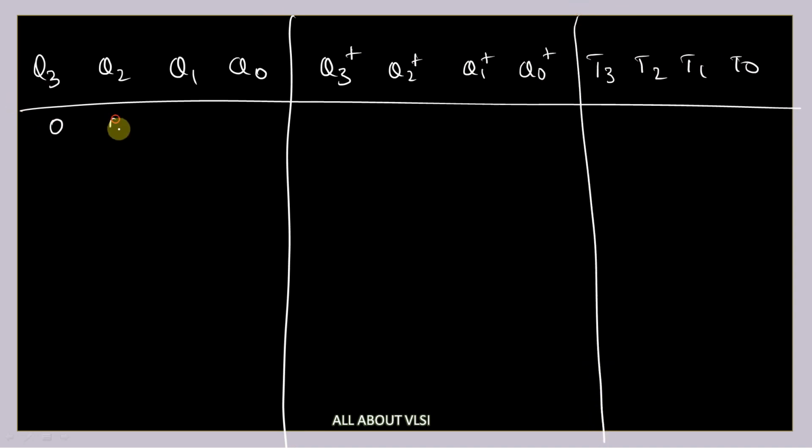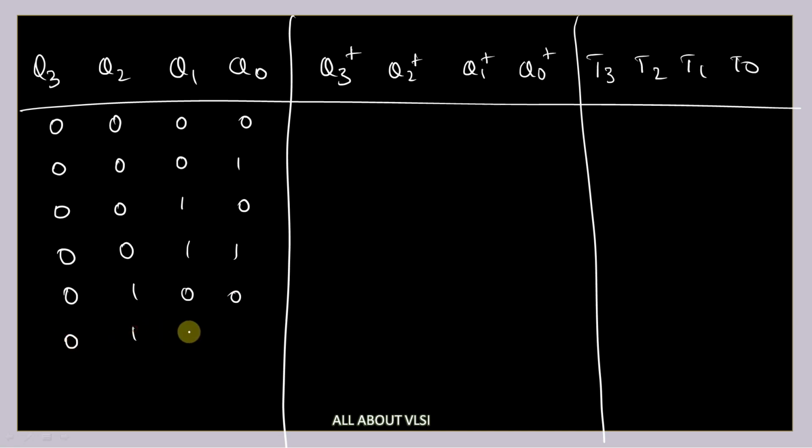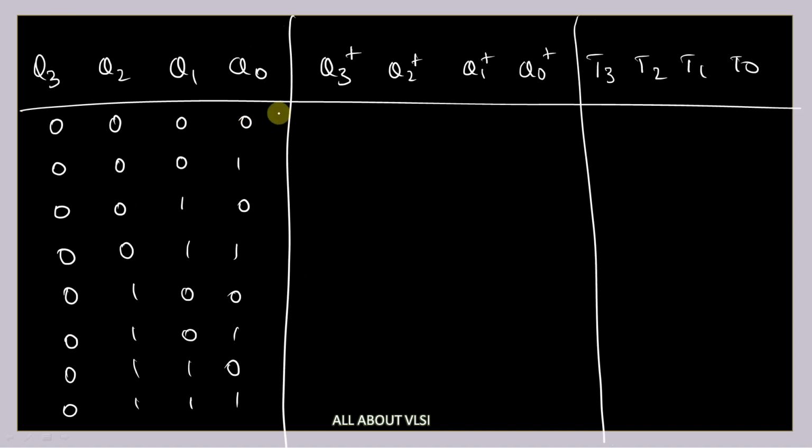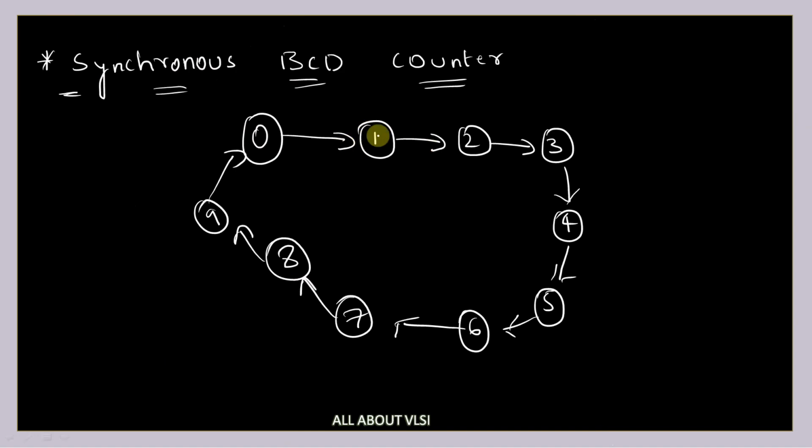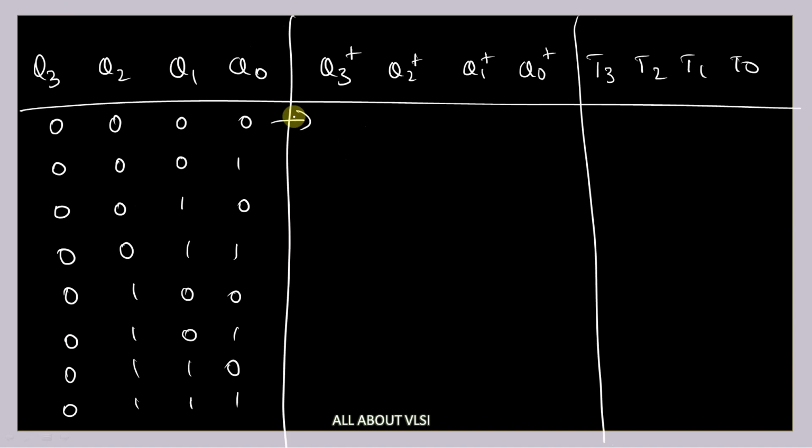So what is my first initial state? It is 0, 0, 0, 0. Next is 0, 0, 0, 1. Next is 0, 0, 1, 0, followed by 0, 0, 1, 1, 0, 1, 0, 0, 0, 1, 0, 1, 0, 1, 1, 0, 0, 1, 1, 1. If my present state is 0, I can see from the state diagram that my next state is 1.